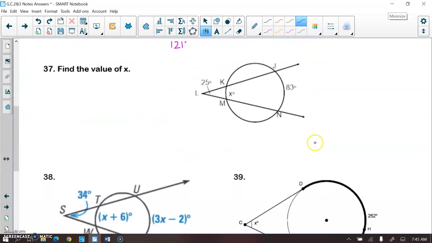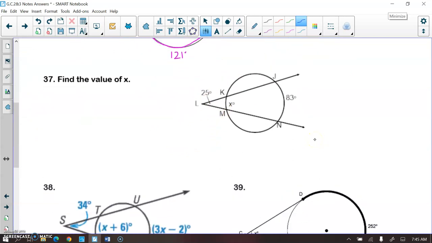All right, my next one. Now I have two secants intersecting on the outside of my circle. So this angle here, 25, is equal to half the difference of the arcs that it intercepts. So we do the larger arc minus the smaller arc. Using the distributive property, I'm going to distribute the 1/2 in.